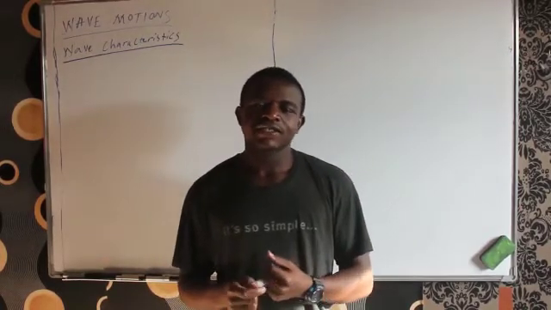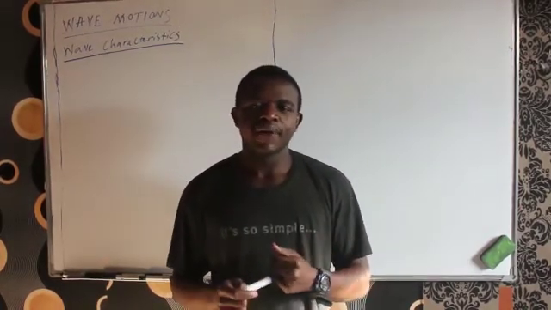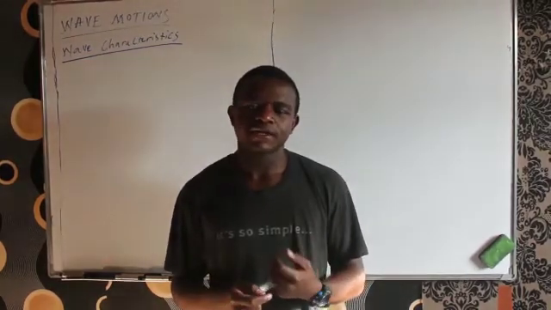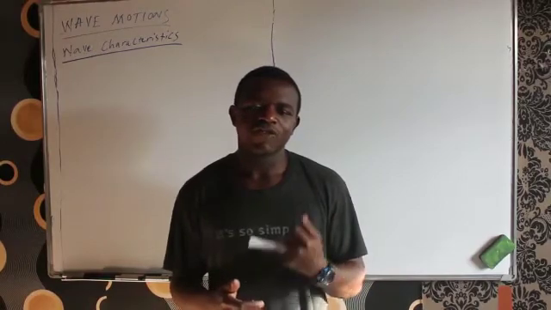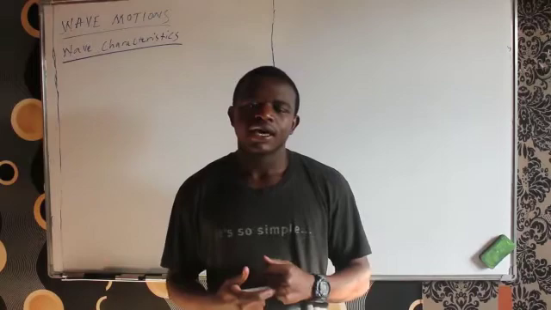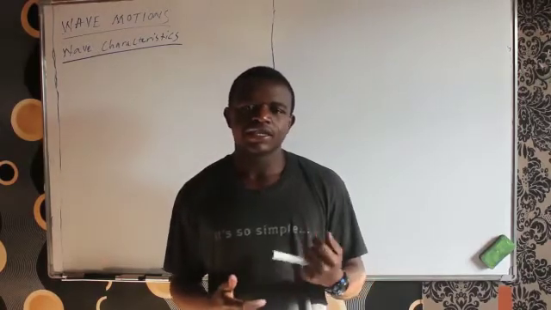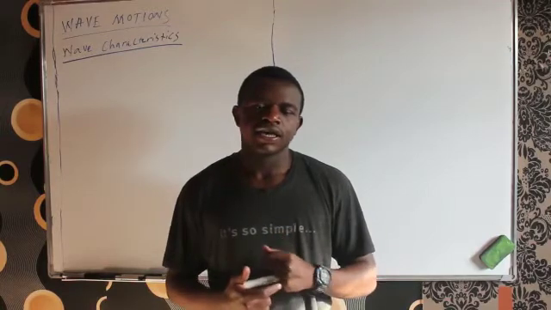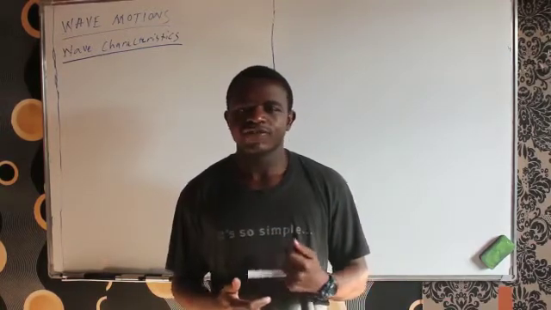Frequency is defined as the number of waves that are passing through a certain point per second. Frequency is measured in Hertz, which is Hz, and the symbol of frequency is F.